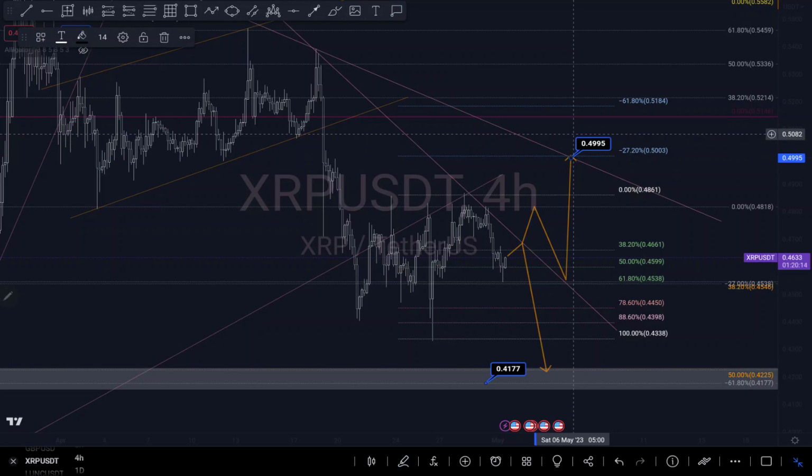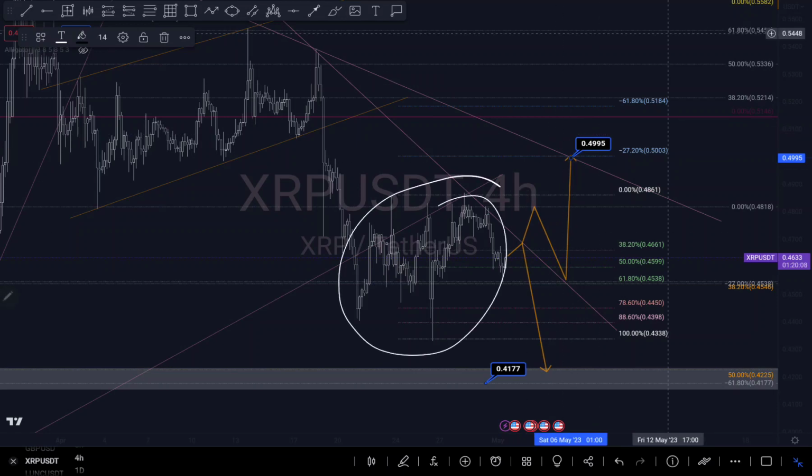To be honest, we might still push to the upside because of it rejecting my negative 27%. But another scenario that I'm seeing is that it's rejecting this trend line as well. So right now XRP is a little bit more indecisive until we see how it happens. But this is just my overall target, whether it goes up or down.